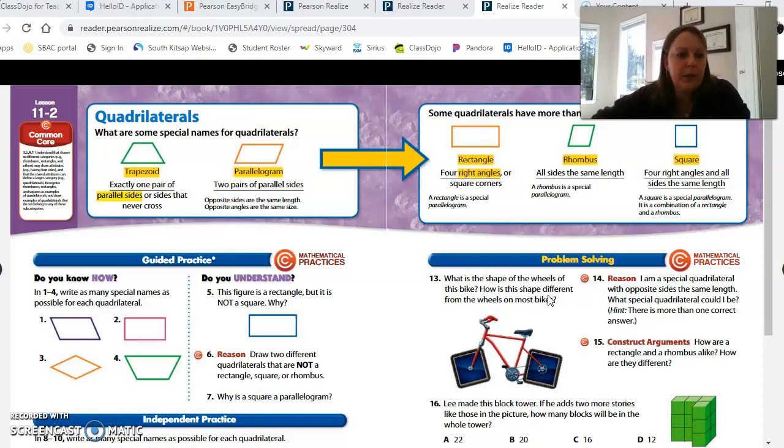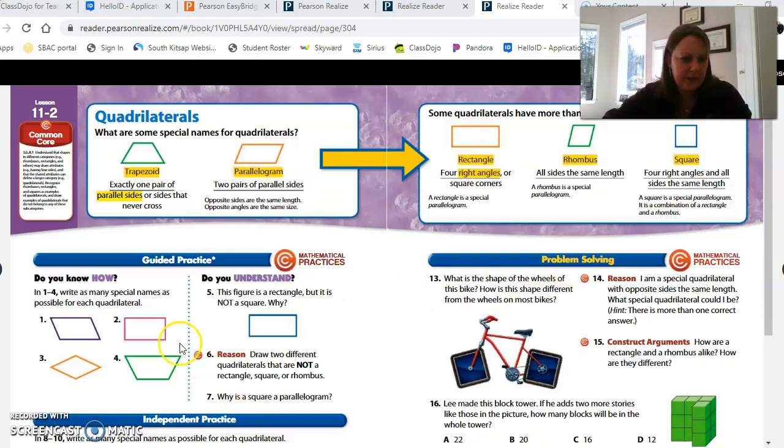Okay, number 2, when I look at that one, I'm going to go through the list. Is it a parallelogram? Oh, it is because it has two pairs of parallel sides. Is it a rectangle? Oh, it does have four right angles, so it is a rectangle. Okay, now is it a rhombus?